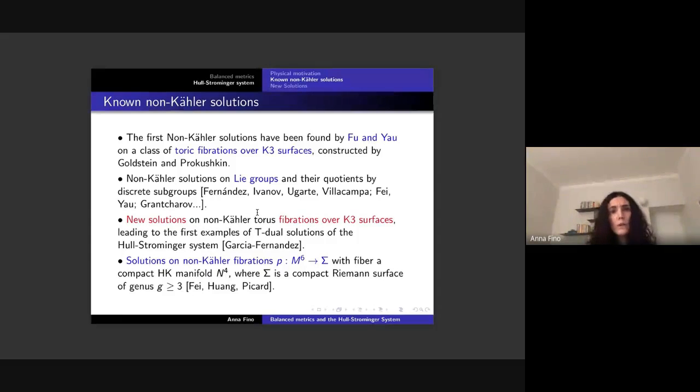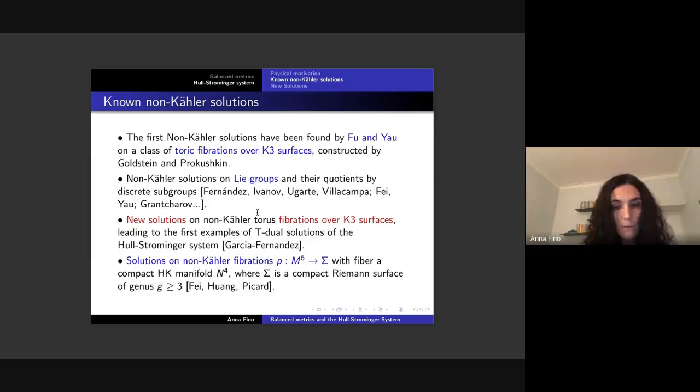Here I mention a very nice construction by Mario Garcia-Fernandez using duality. He found new solutions on non-Kähler torus fibrations over K3 surfaces, which are very nice because they give the first example of T-dual solutions of the Hull-Strominger system, and it's not easy to get that.